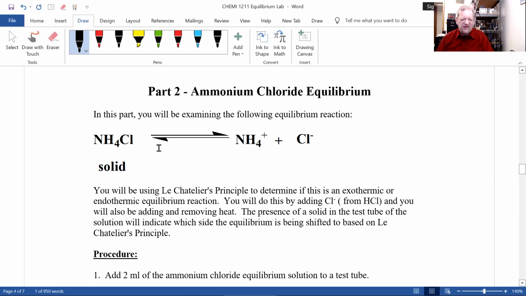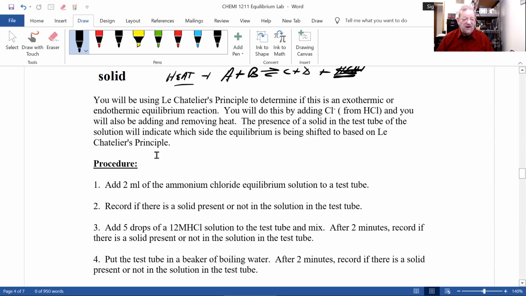In other words, like the previous one, and I won't give it away, does the plus heat go here, or does it go on this side? And by understanding which side they will be shifted, you'll know.